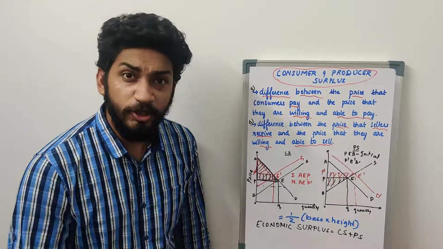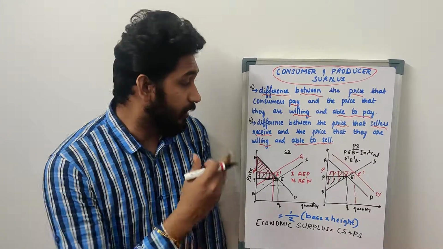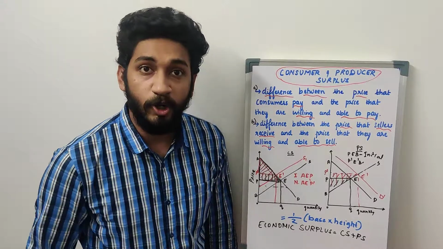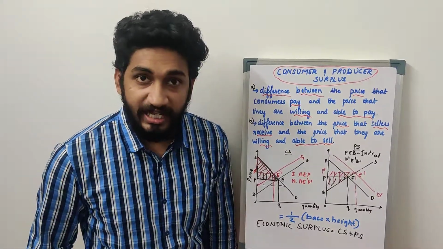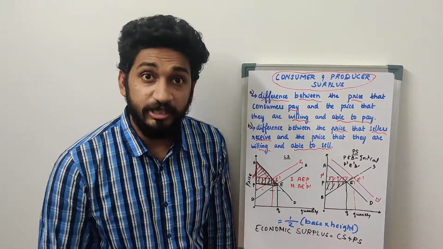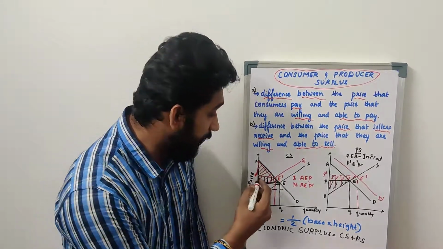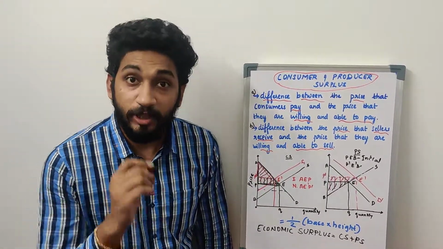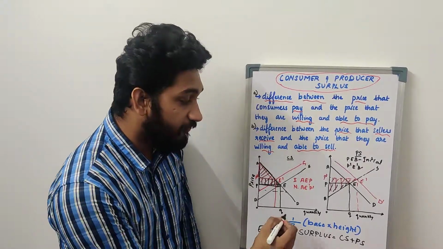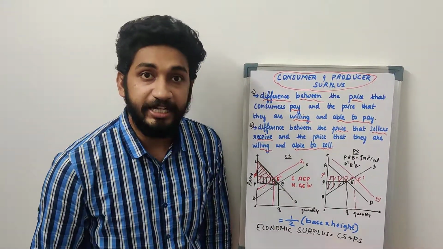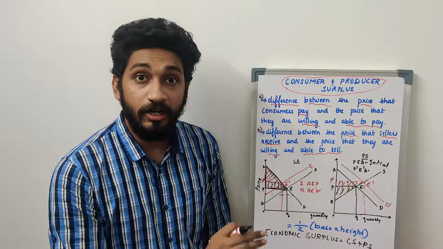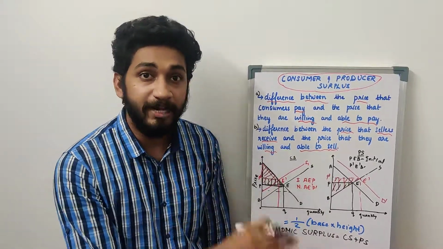Now, how do you measure or calculate consumer surplus or producer surplus? In most cases, the consumer surplus and producer surplus will be in the shape of a triangle. So the area of a triangle, that is half base into height, will get you the measurement of the total consumer surplus and producer surplus.